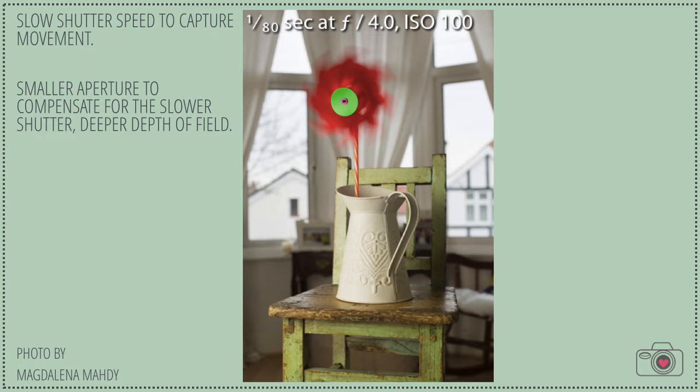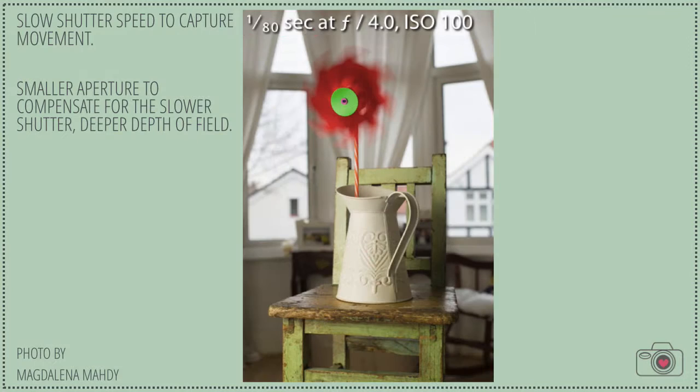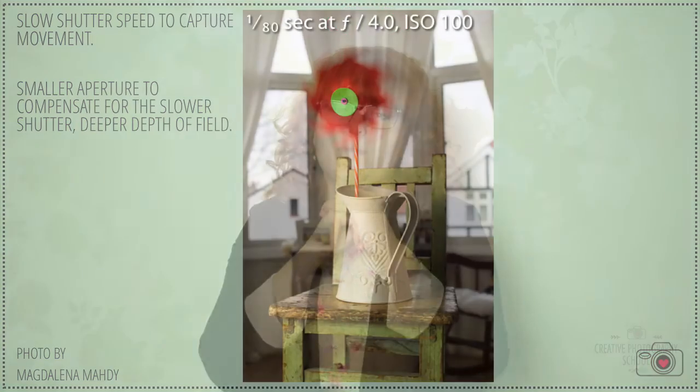In the next image, you can see the same scene, the same lighting situation, just creatively it looks completely different, doesn't it? I wanted to have a slower shutter speed, so I wanted to create more movement in my image. Because I wanted a slower shutter speed, so more light would hit the sensor, I had to decrease the hole size that the light comes in. So the amount of light that actually came in was decreased, but the amount of light that hit the sensor was increased.